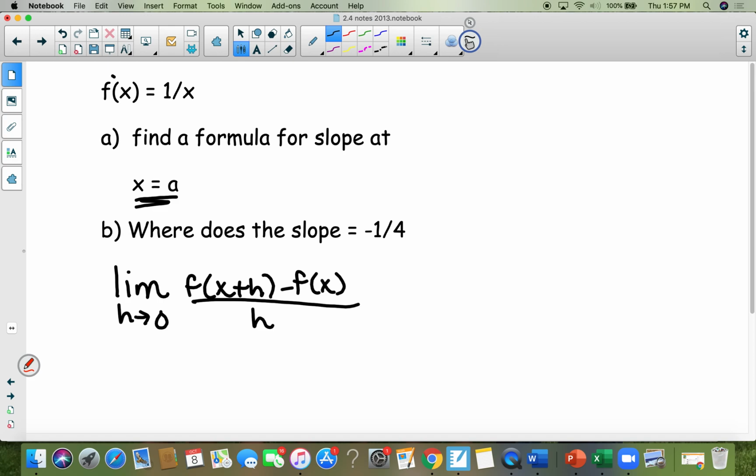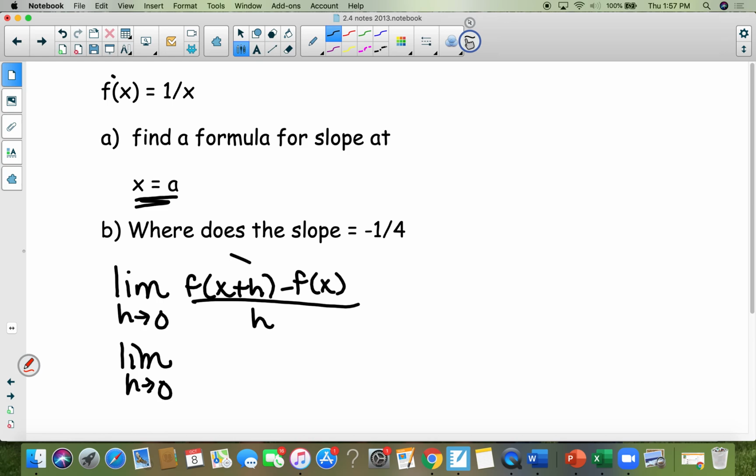And this is the derivative formula in calculus. So here we go, the limit as h approaches 0. In place of all of the x's, what are you going to replace the x with in the first one if it's f of x plus h? x plus h, right?